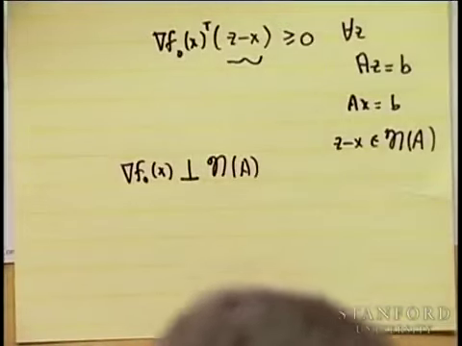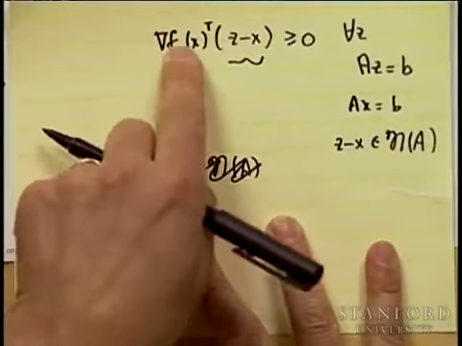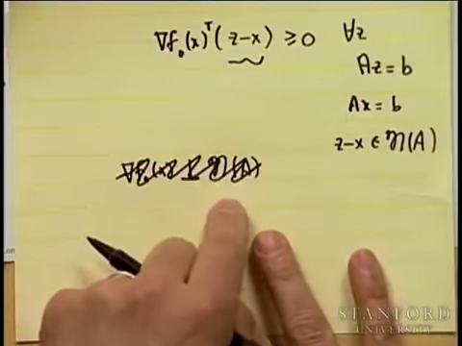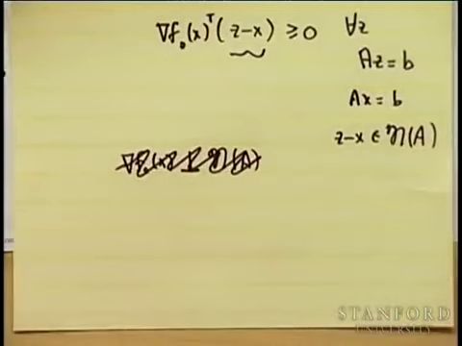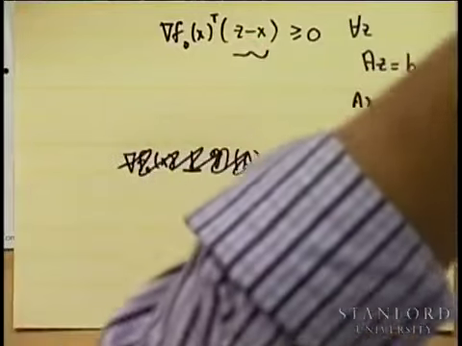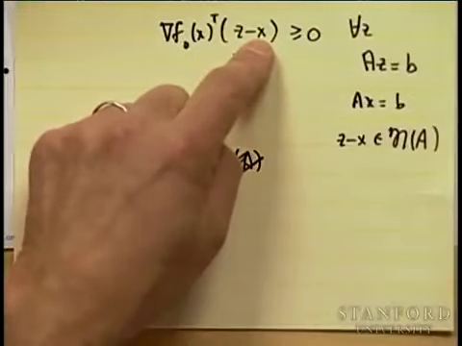Sorry, I skipped a step. The gradient has non-negative inner product with everything in the null space of A. However, if you have a subspace, and you have a non-negative inner product with something in it, then it's also non-negative if you reverse the sign of z minus x, which is still in the subspace.